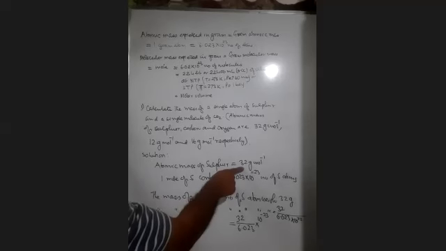So it's 5.31 into 10 to the power 23. What is the unit you have written? Sorry, sir. What is the unit? What will be the unit? See, here I have written the unit now. So gram per mole.